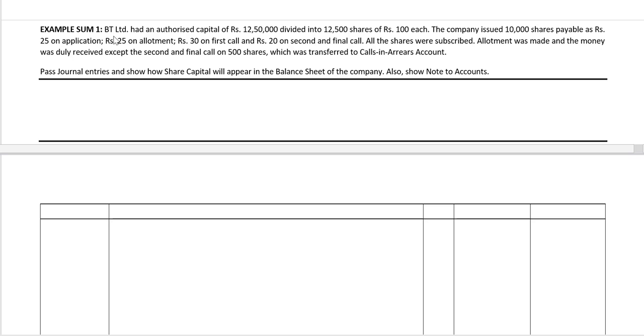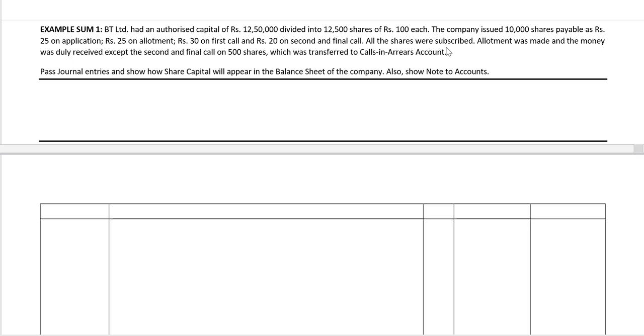First example sum. BT Limited had an authorized capital of rupees 12,50,000 divided into 12,500 shares of rupees 100 each. The company issued 10,000 shares payable as rupees 25 on application, rupees 25 on allotment, rupees 30 on first call, and rupees 20 on the second and final call.